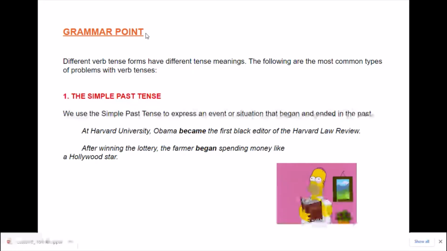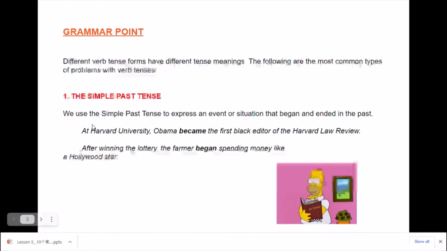Grammar point. Different verb tense forms have different tense meanings. The following are the most common types of problems with verb tenses. 1. The simple past tense.